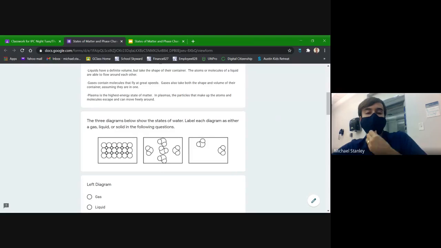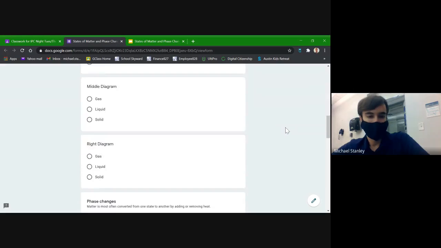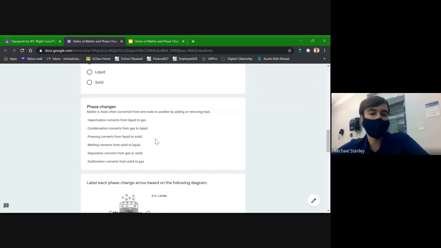For the first part of the homework, all you have to do is label these diagrams as being either a diagram of a gas, a liquid, or a solid. And then we have another reminder section about the different names of the phase changes.